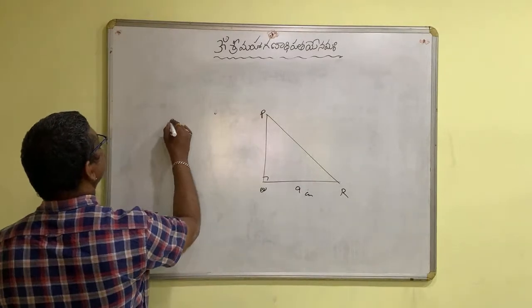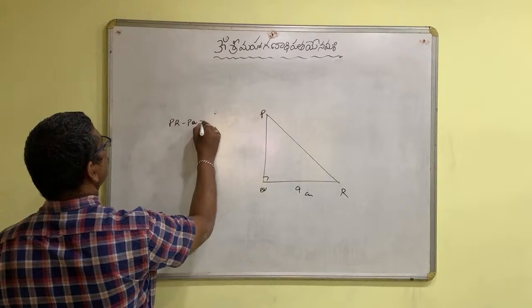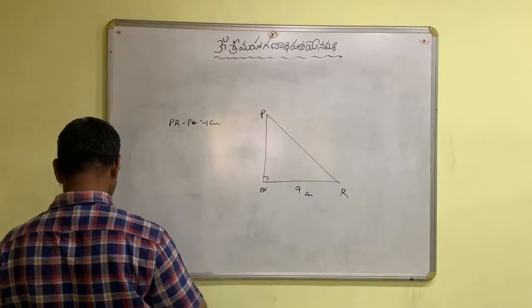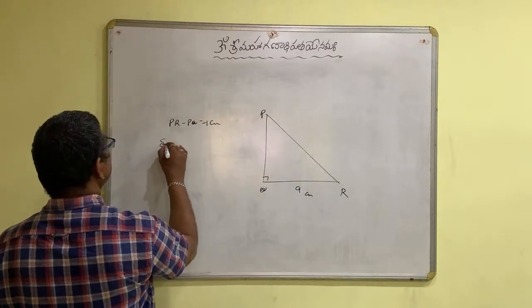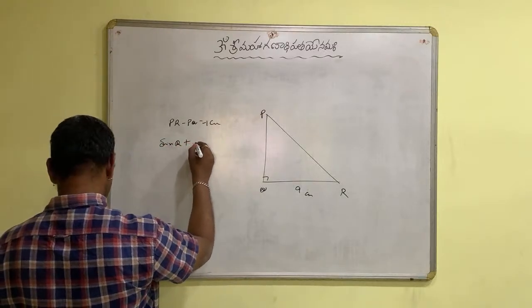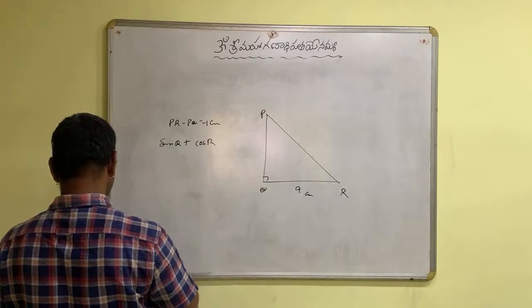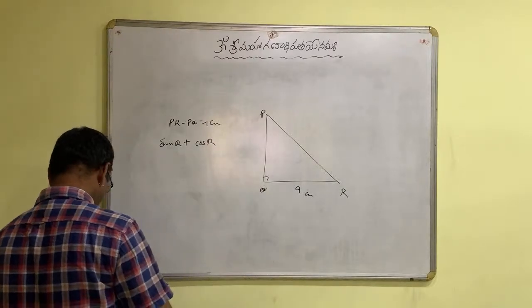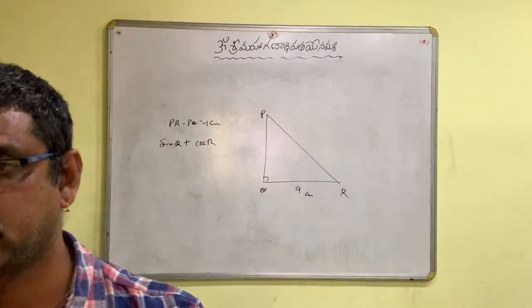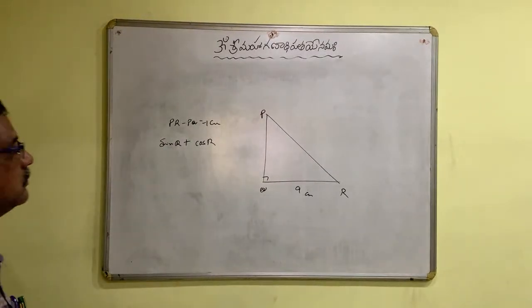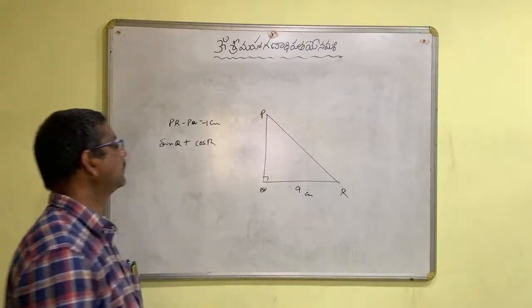PR minus PQ is 1 centimeter. So determine the value of sin R plus cos R.